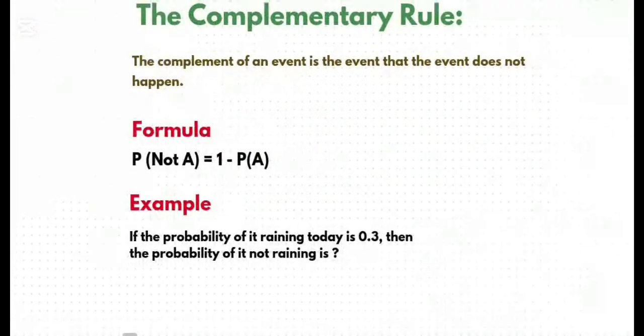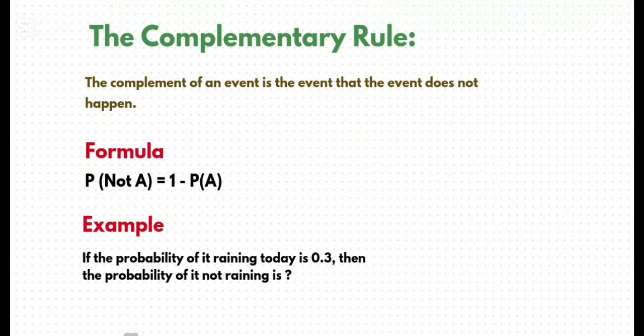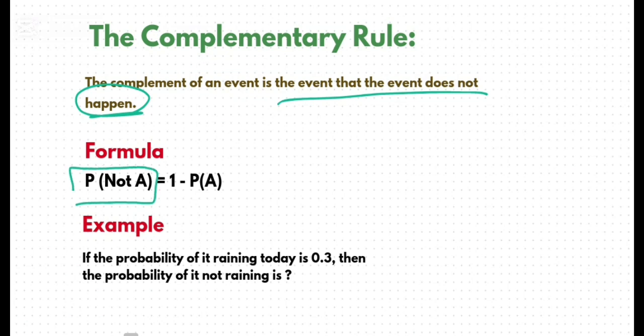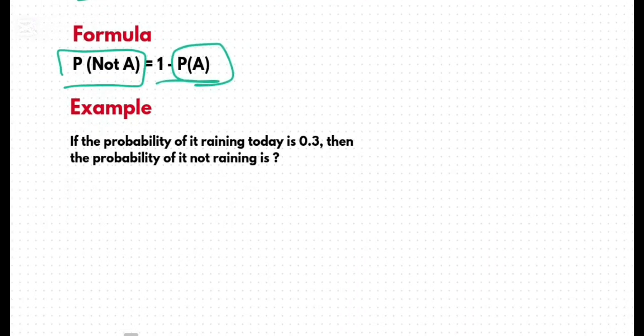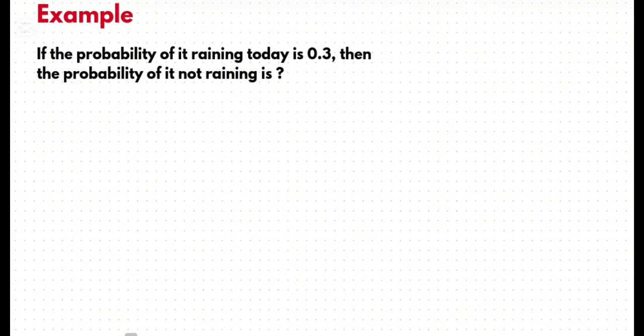We will move on to the next rule, which is the complementary rule. The complement of an event is the event that doesn't happen. So the formula is: probability of not A is equal to 1 minus probability of A. If you see the example, the probability of it raining today is 0.3. Then the probability of it not raining is what? Right?